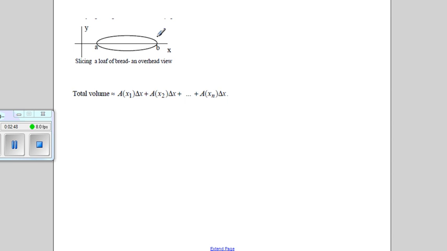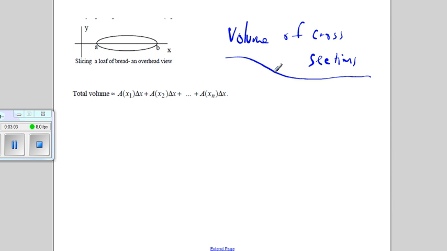So what we're going to be doing is thinking about volumes of cross sections. We'll do some actual calculation problems in a second. But let's think about, you've got some loaf of bread, and this is looking at it from the side.